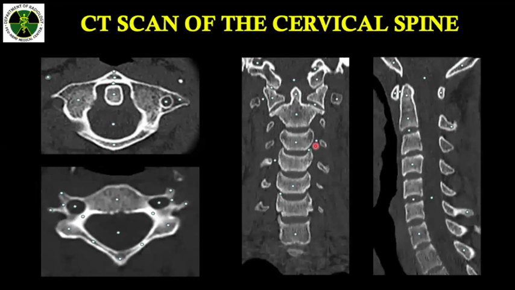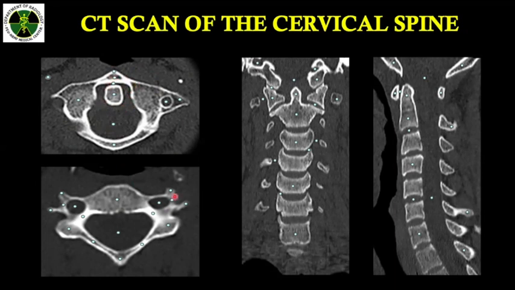This shows the CT scan of the cervical spine. So can you identify which level this is? Any idea? So this is C1. As you can see, the dens is seen within the foramen.